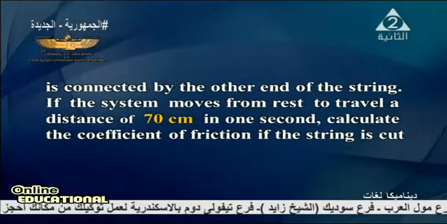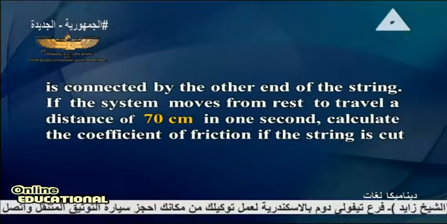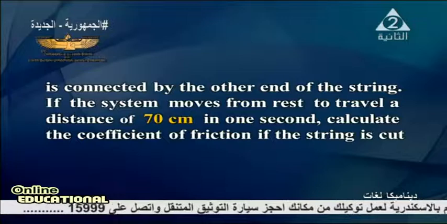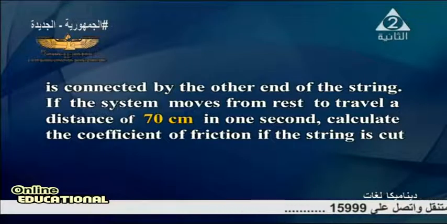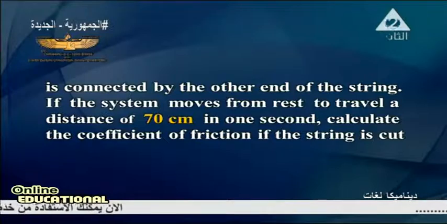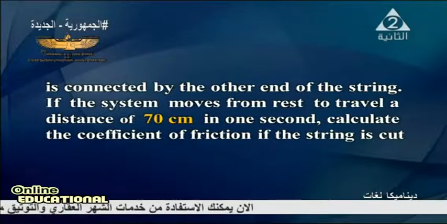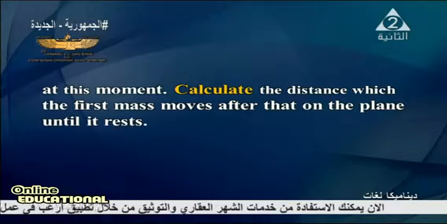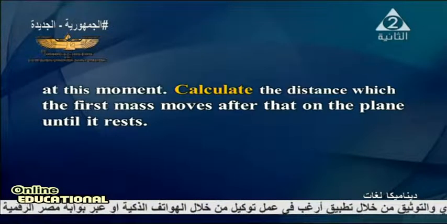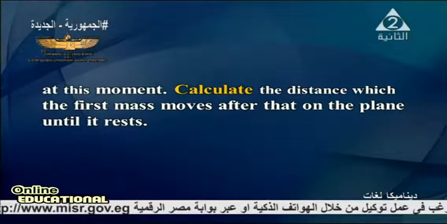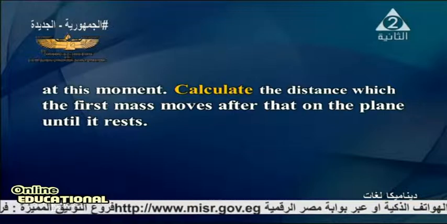If the system moves from rest to travel a distance of 70 centimeter in 1 second, calculate the coefficient of friction. If the string is cut at this moment, calculate the distance which the first mass moves after that on the plane until it rests.